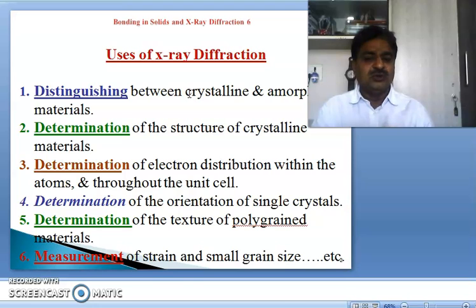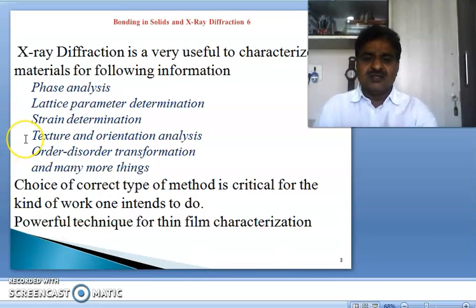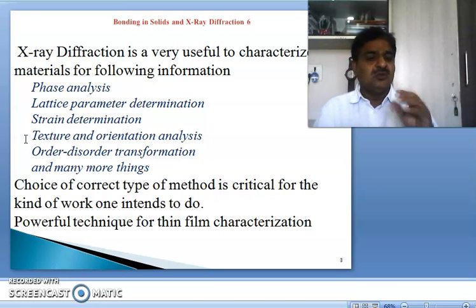It is also useful to measure the strain and the small size of the material. The X-ray diffractions are very useful for the characterization of materials, such as phase analysis, lattice parameter determination, strain determination, texture and orientation analysis, order-disorder transformation, and many more things.